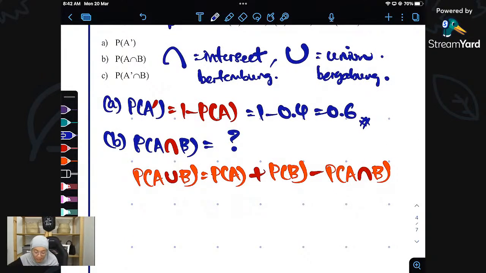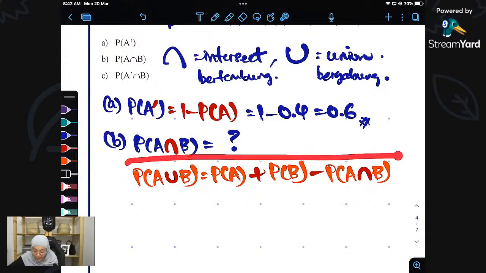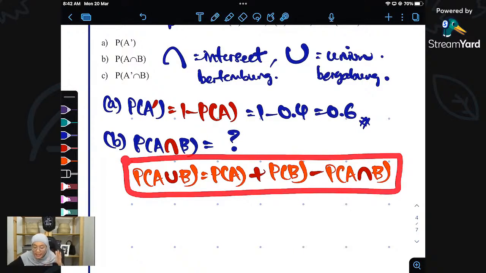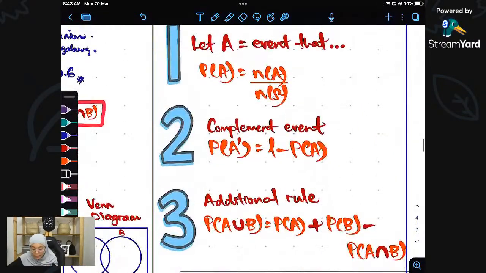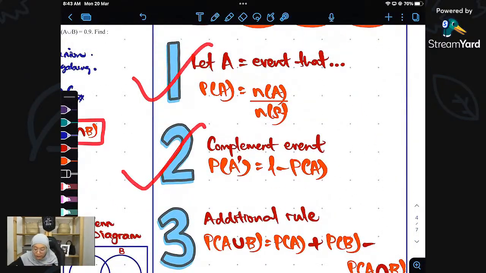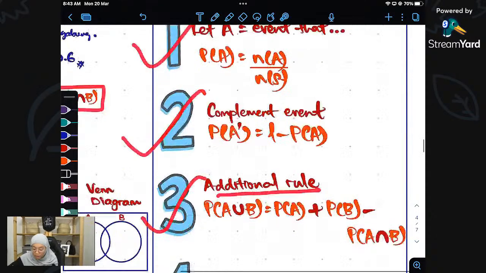Okay, now we are trying to find the intersection between event A and event B. And so we are to use this formula. This formula is also one of the basic laws of probability. Okay, as I show you in this note, there are only three basic laws of probability.